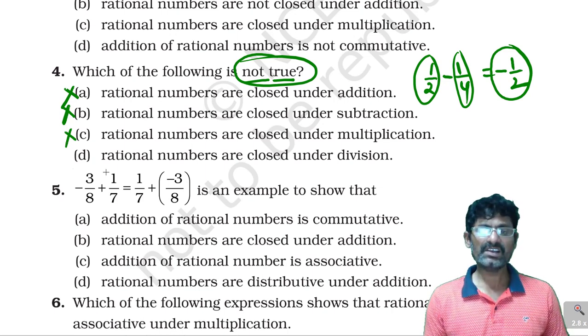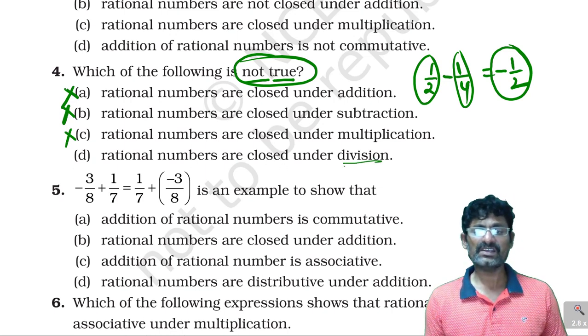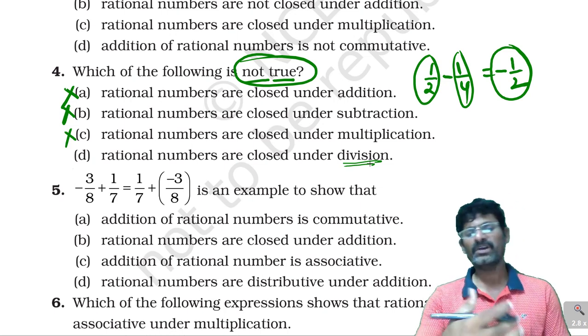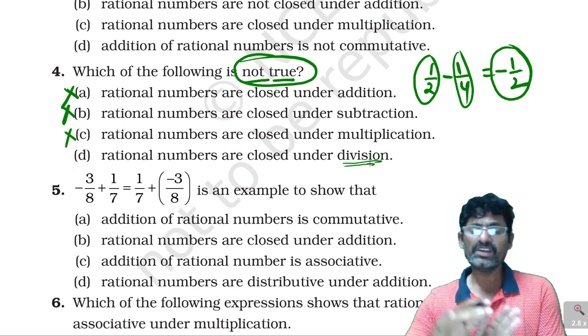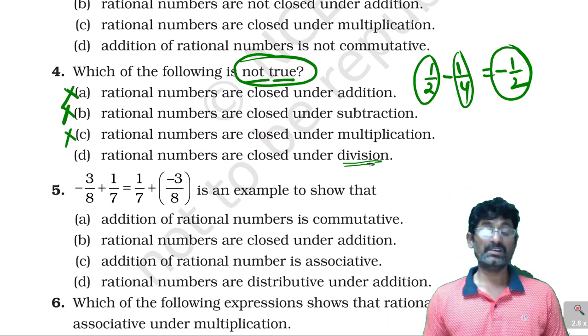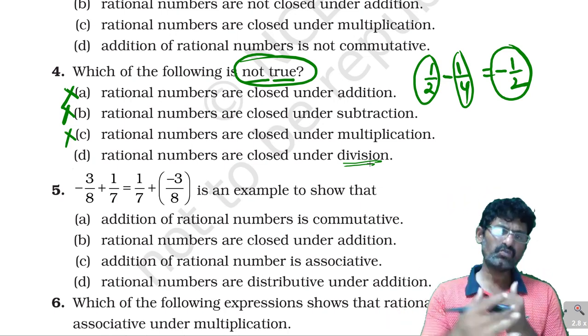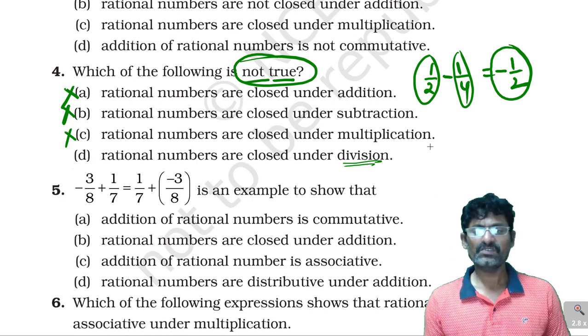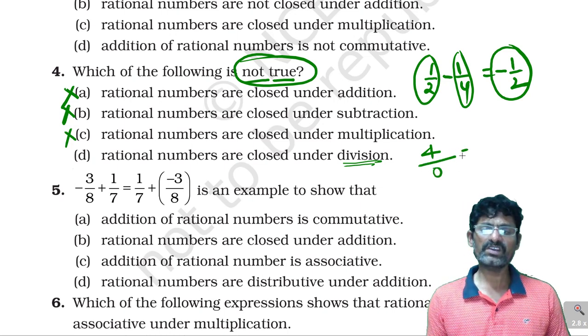Now D. Rational numbers are closed under division. That means if you divide a rational number by another rational number, the result should also be a rational number. Actually, this is true for all rational numbers except 0. If you take a rational number like 4 and divide it by 0, what will you get?